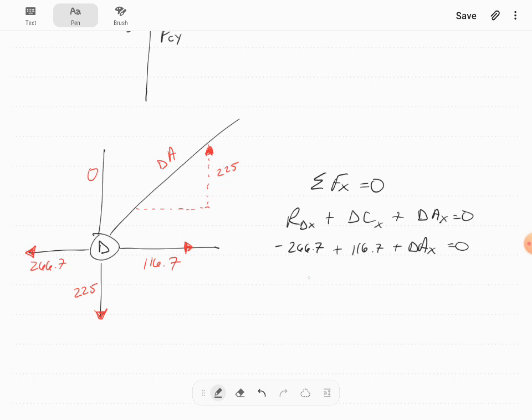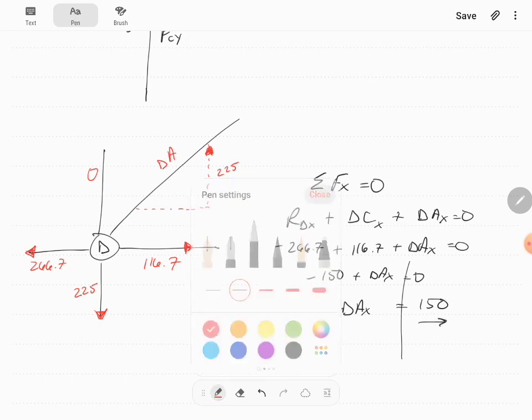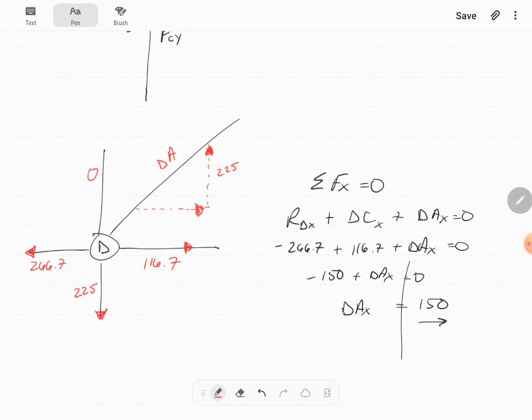There is a difference of a negative 150. Cross the line, change the sign. DAx is a positive 150, which means it points to the right. Does that make sense? Yes, that's the good thing about these things. They better make sense because we can check as we go along.